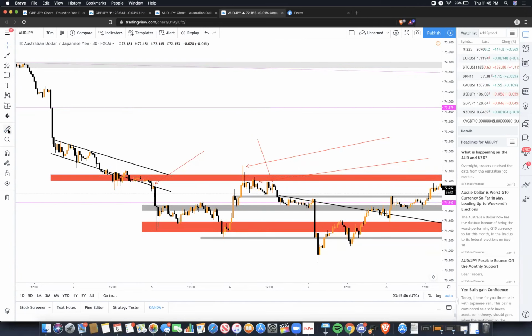But pay attention, look how much time it took from here to here within that 23 pip range, where for 11 hours and 30 minutes the market did not move much. It just kept going up and down, and it wasn't until an hour and a half later that the market made its actual move.